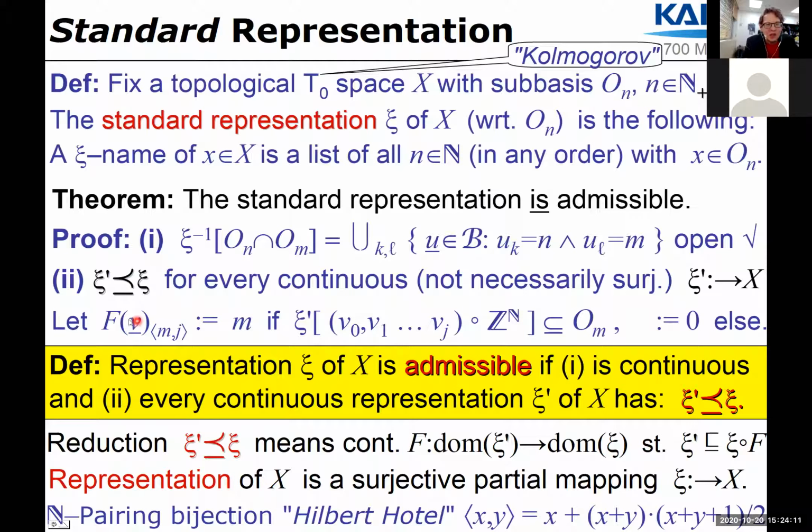Okay, so we fix the first up to the jth element and only apply changes to the later elements. In Cantor space, Baire space topology, that means we apply a perturbation of magnitude less than 2 to the minus j. Now what happens with the value? Well, the value remains the same for all positions with index less than the one we're considering.